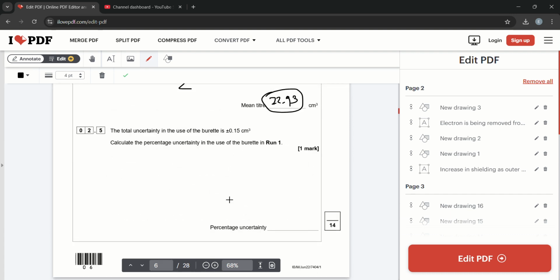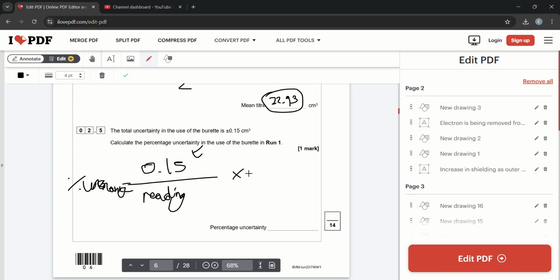And then 2.5, the total uncertainty in the use of the burette is 0.15 centimeters cubed. Calculate the percentage uncertainty in the use of the burette in run 1. So the percentage uncertainty is equal to the total uncertainty divided by the total reading, times by 100.